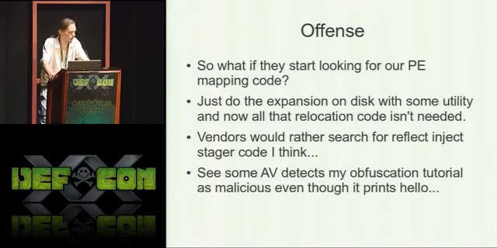If you customized your PE mapping code or expanded it on disk and then moved it into memory, it would be a lot more effective, and that, I believe, is what Meterpreter does. Another component is that the way you map it changes where you have to look for PE headers in memory in order to find the reflectively injected DLLs.